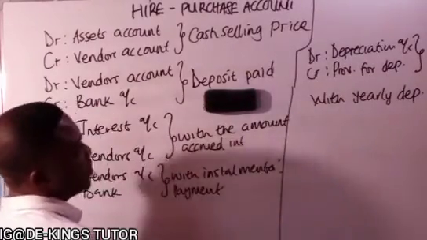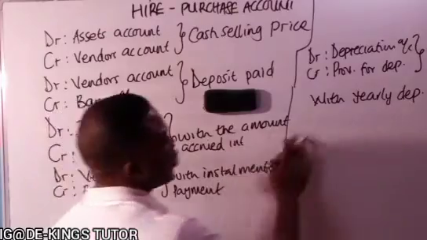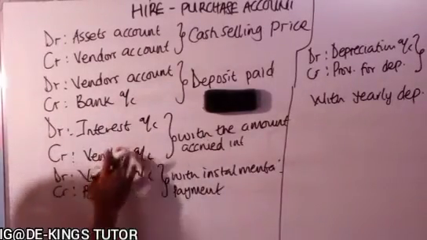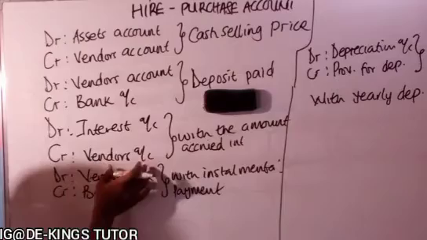Okay, with yearly depreciation. Why the last one, now after we've recorded the debits, we debited the interest account.